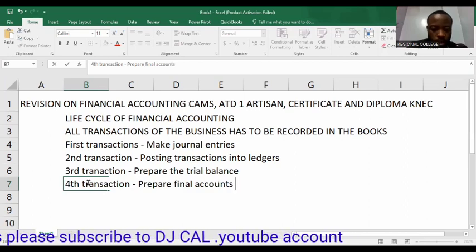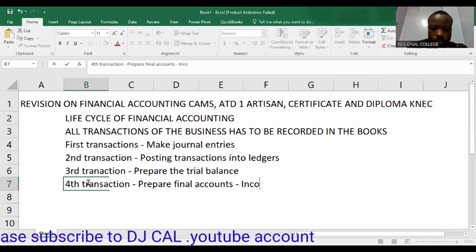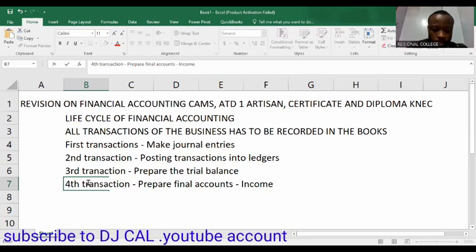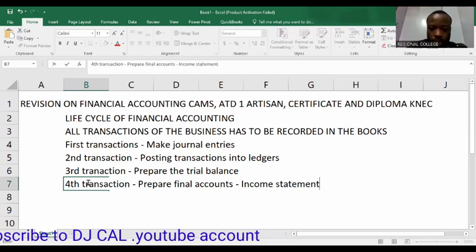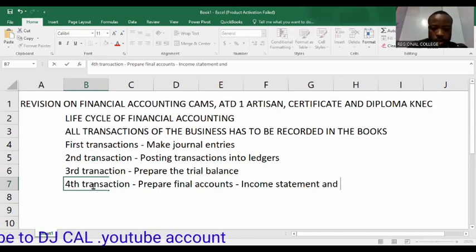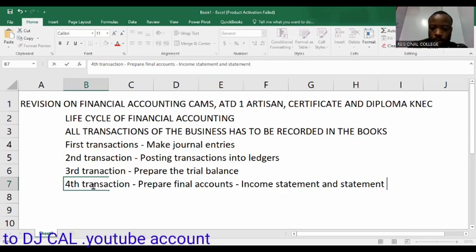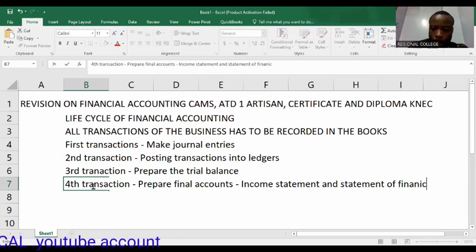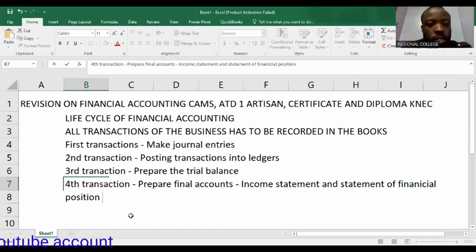And the final accounts normally have the income statement, that is the trading profit and loss account, and the statement of financial position.